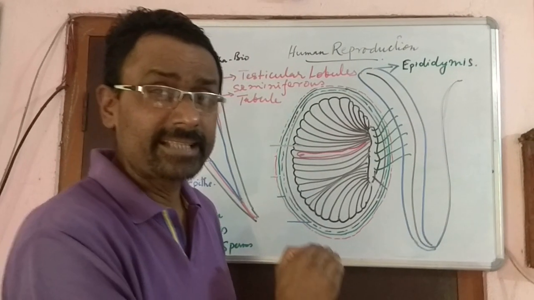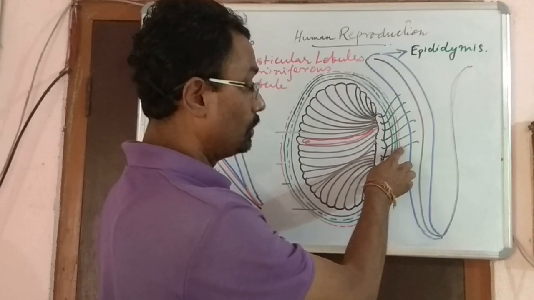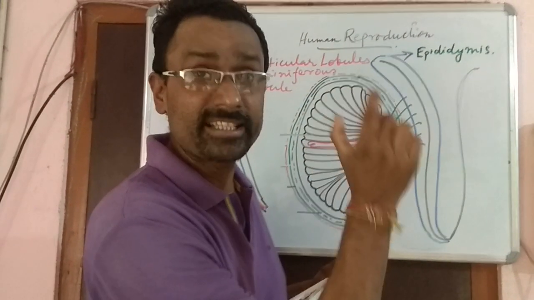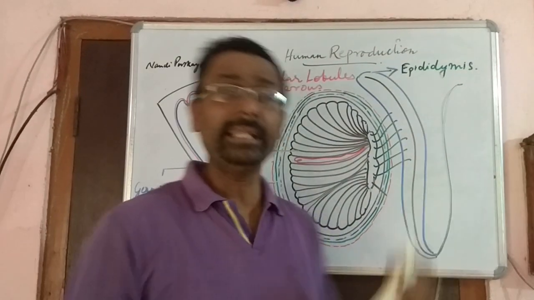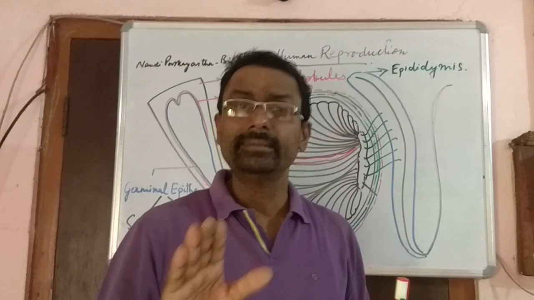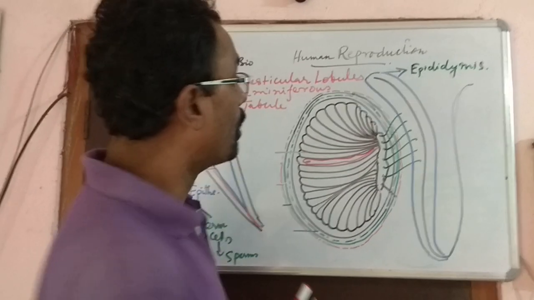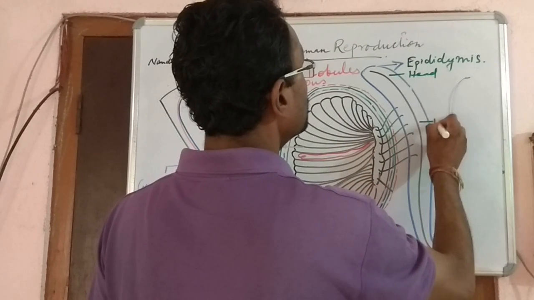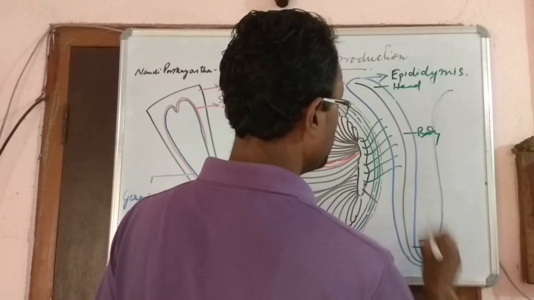Then from the rete testis it goes out of the testis through vasa efferentia, which is a small short tube-like structure, and enters the epididymis. In the epididymis, the maturation of the sperm takes place. The sperm matures. This epididymis has three parts: this is the head, this is the body, and this part is called the tail.